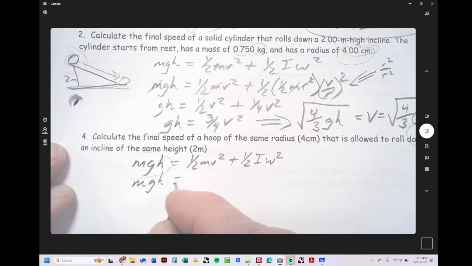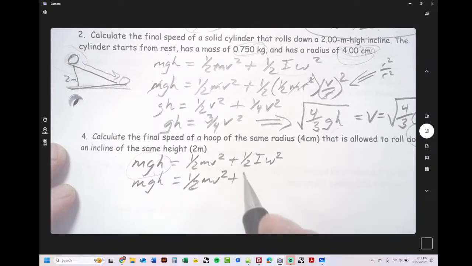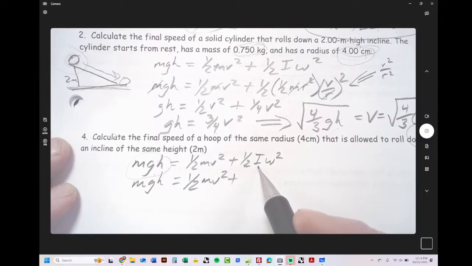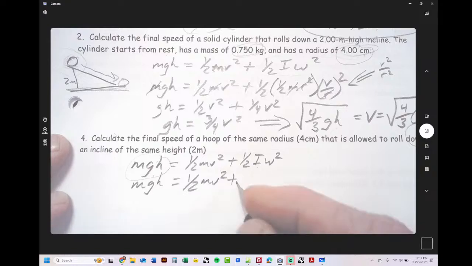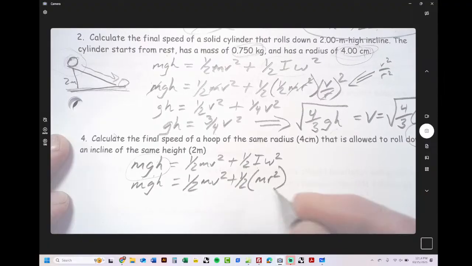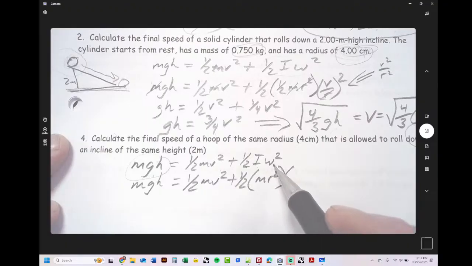And now all again, except in this second step, maybe I'll go a little faster than last time. So this needs to be 1/2 times I, which for a hoop is how many r squared? How many mr squared? 1. So this is 1/2 times just mr squared. And instead of writing what I did last time, I'm going to jump right in and call omega squared v squared over r squared, because omega is v over r.